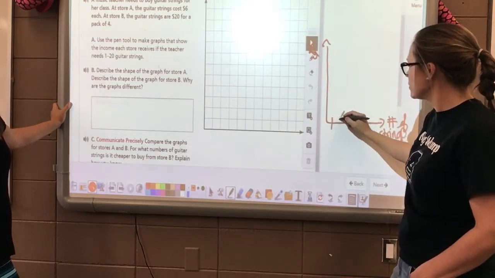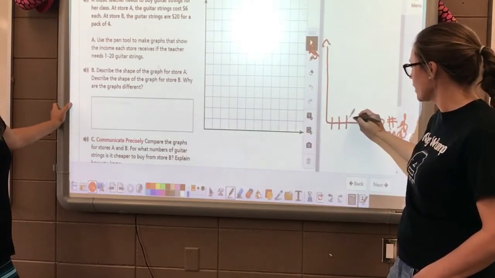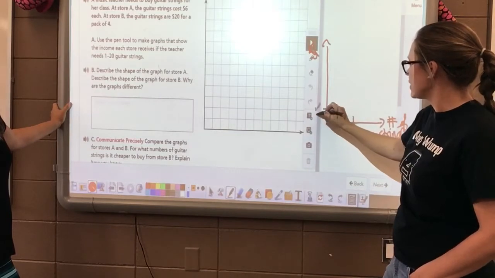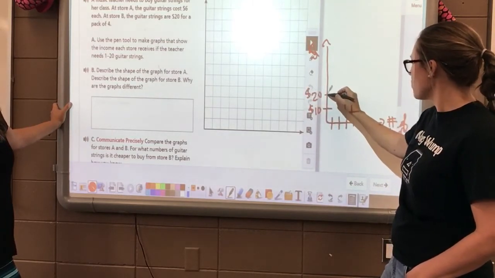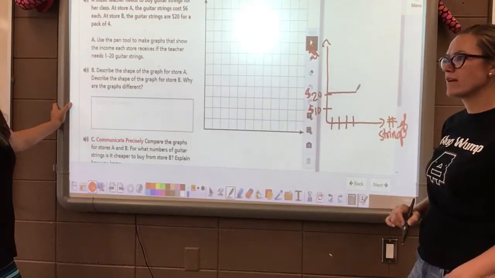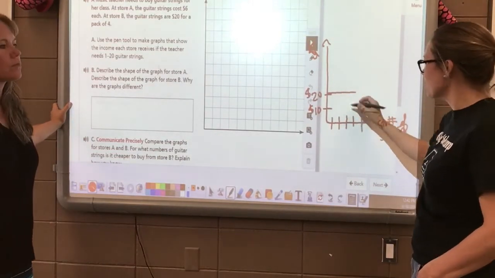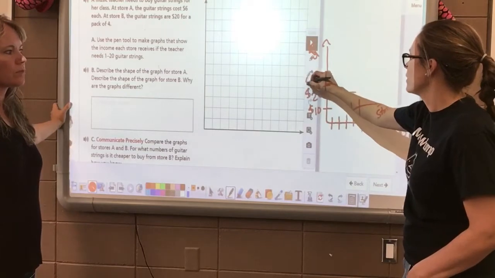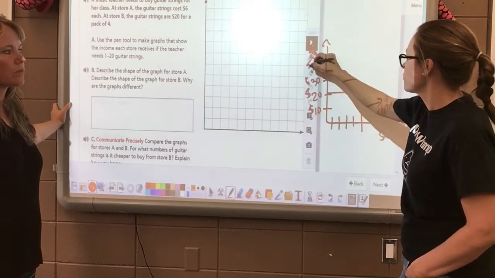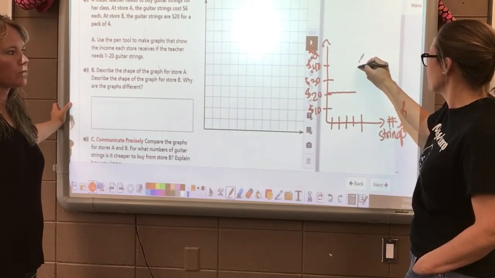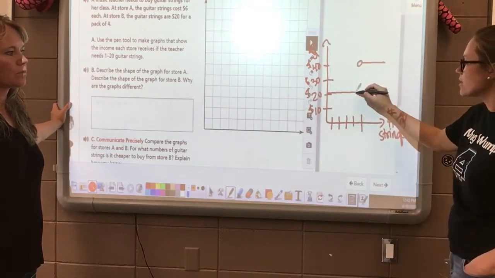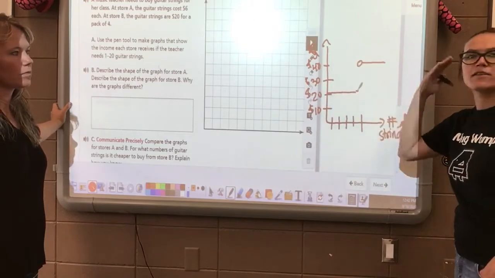So 1, 2, 3, and 4 would all be $20, no matter what. This whole time it would be $20. Then if I needed 5, I would have to jump all the way up to $40, right?